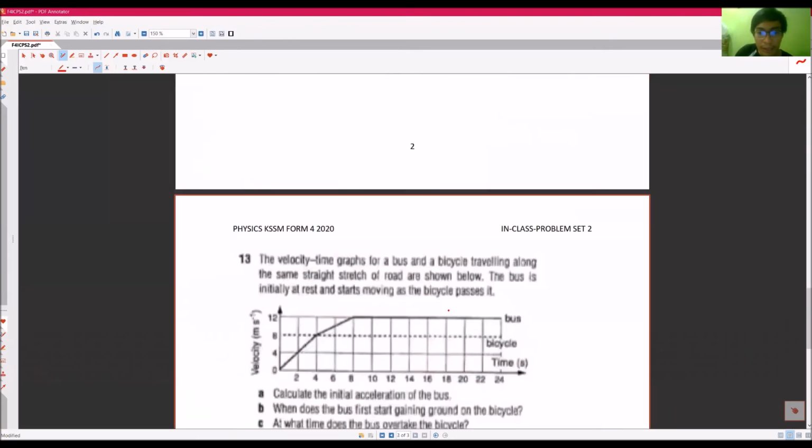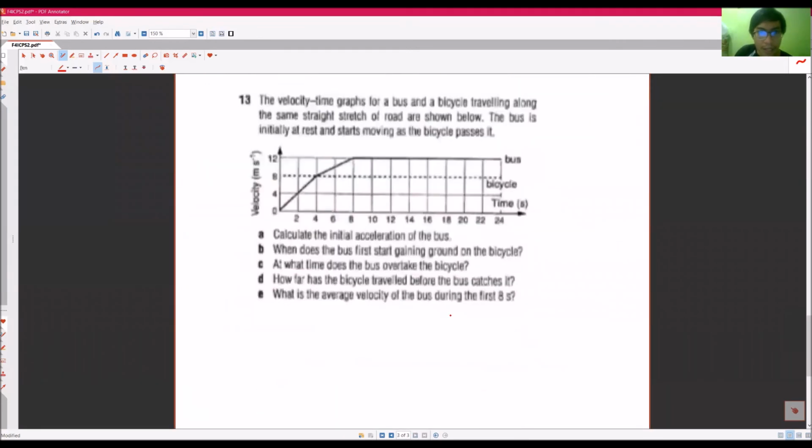Okay, number 13. The velocity time graphs for a bus and a bicycle. So we have two objects here, traveling along the same straight stretch of road as shown below. The bus is initially at rest and starts moving as the bicycle passes it.